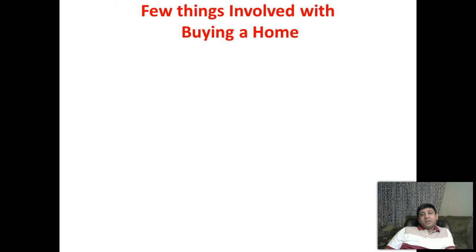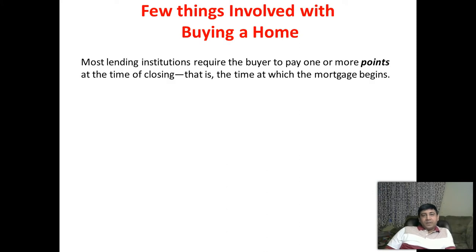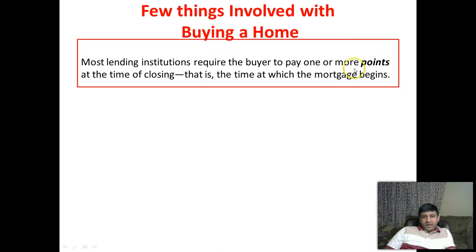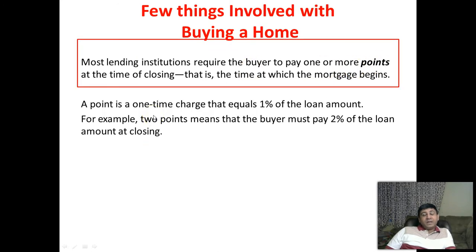Let's look at a few more things which are involved with buying a house. Most lending institutions require the buyer to pay one or more points at the time of closing, so at the time when the mortgage begins. So what is a point? A point is a one-time charge that equals 1% of the loan amount.